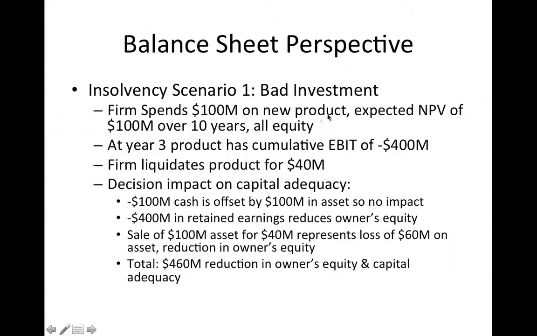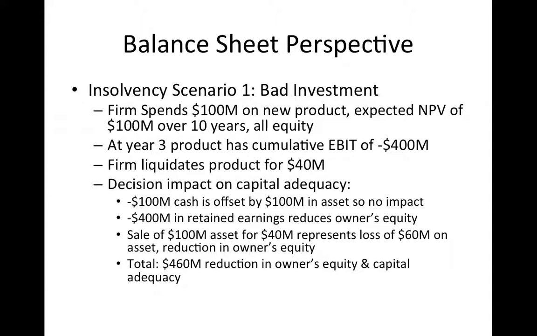But at that time, they book $100 million in assets for buying it, and so their capital adequacy looks great. Over the course of the 3 years, they have a $300 million reduction in retained earnings, so that reduces their owner's equity by that amount. Then they turn around and sell the asset for $40 million instead of $100 million, and so take a $60 million loss. That further reduces the owner's equity because now they've taken $100 million off of the asset side for long-term assets and replaced it with $40 million in cash.